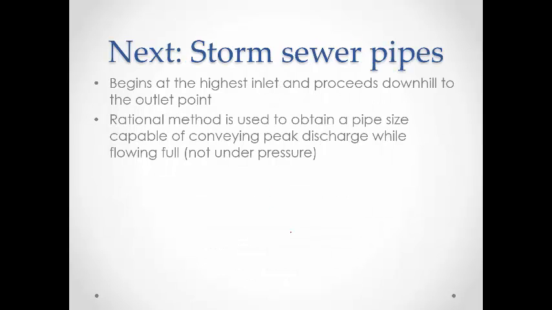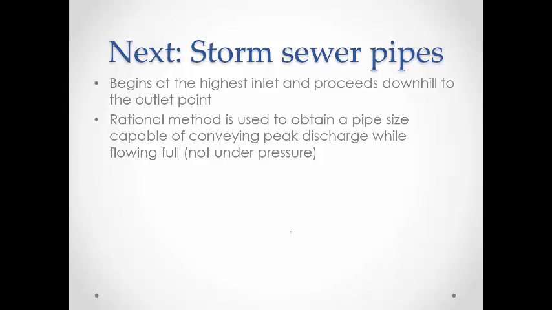Now, we have looked at stormwater, at watersheds, and from the watersheds, you calculate the flow that will go into the street, and from the street to the stormwater inlets. And from the stormwater inlets, it has to be conveyed through pipes. Of course, it's important to obtain the pipe size to convey that peak discharge.